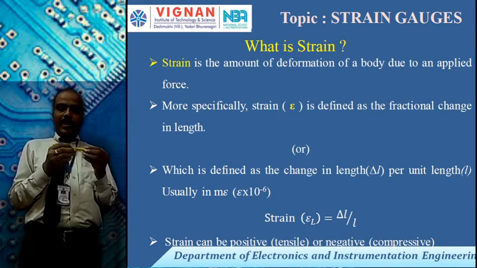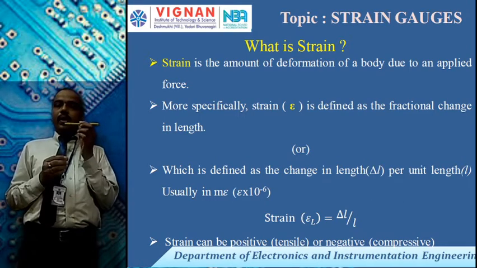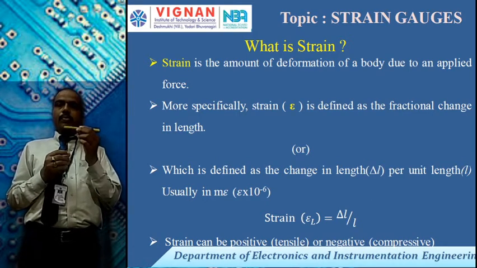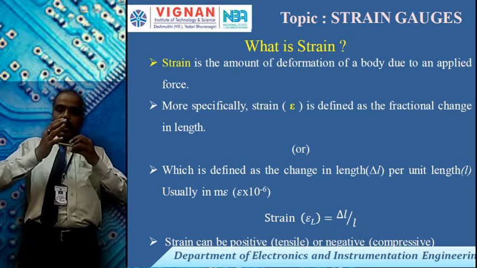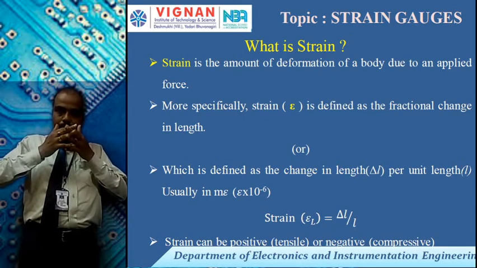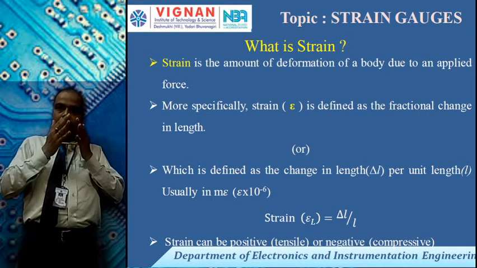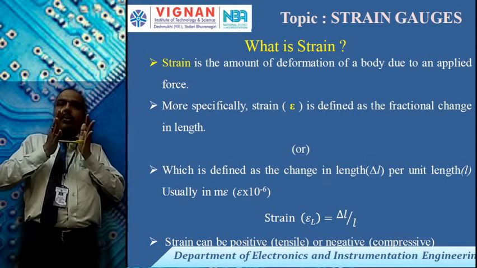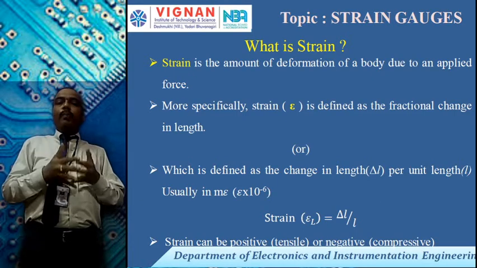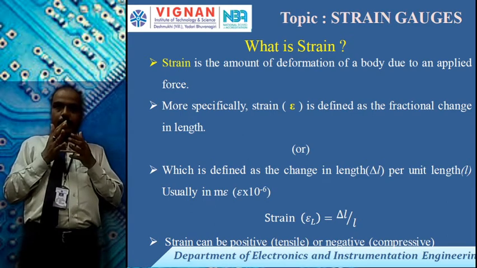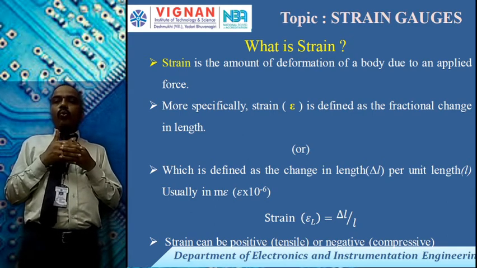For example, the length of this particular elastic element or body is 10 centimeters. When you apply some compressional force, the body gets some deformation and its length may reduce to 9.9 centimeters. That means the change in length is 0.1 centimeters.